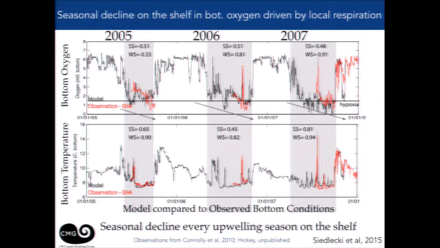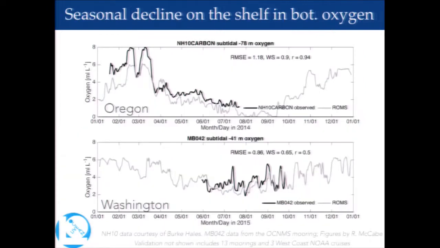Also on here are some skill metrics to compare the red observations that I showed you from Tom Conley's paper from EH4, in 32 meters of water, to the black, which is the model. So we have a good sense that the model does a good job with the representation of that seasonal decline.